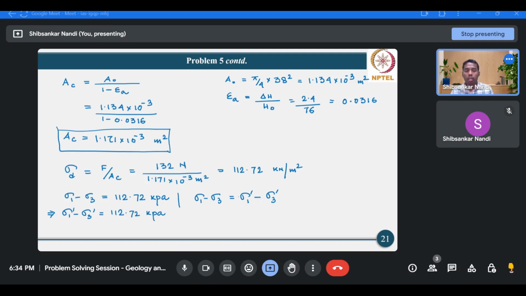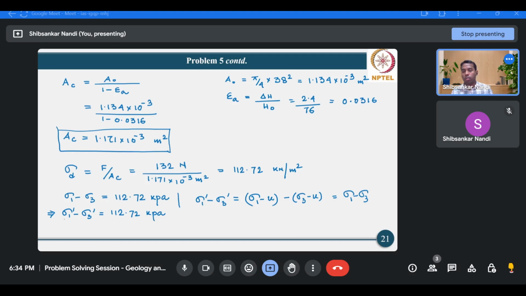Because we can write in this fashion, that sigma 1 prime minus sigma 3 prime is nothing but sigma 1 minus mu minus sigma 3 minus mu, that is sigma 1 minus sigma 3, because U will be cancelled out.